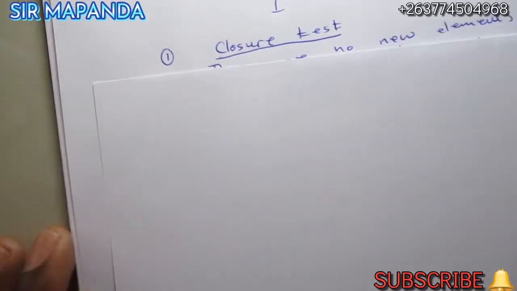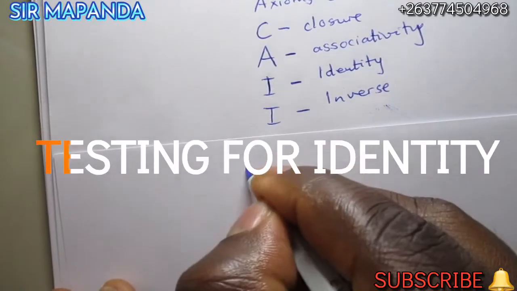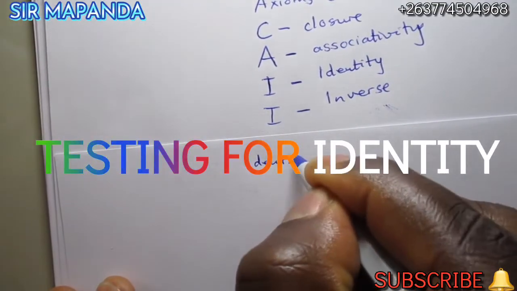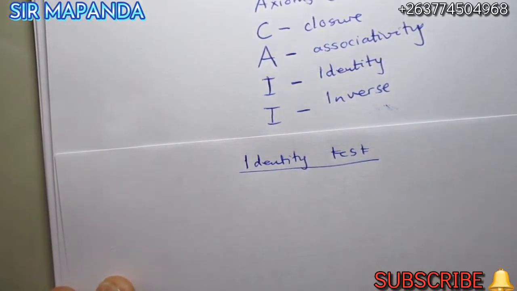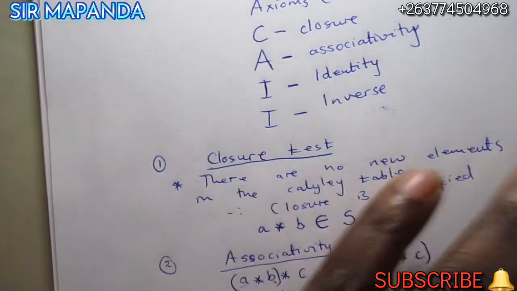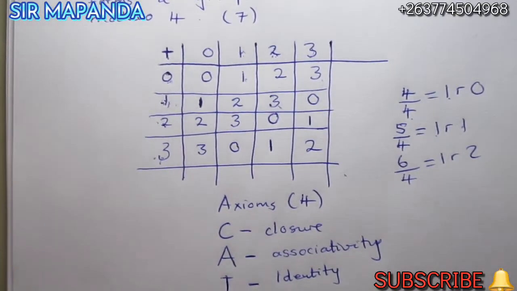The third axiom is the identity test. I would like to test for identity, so I'm going to write here identity test. I hope you are following. So how do you identify the identity element? The identity element is very simple.